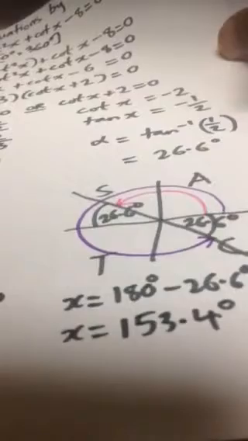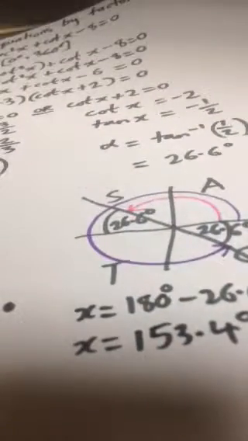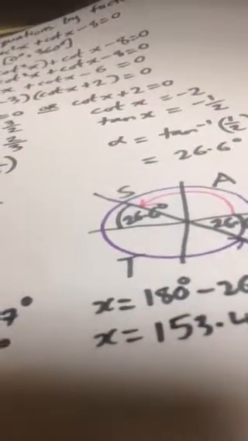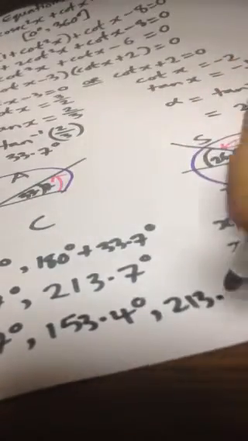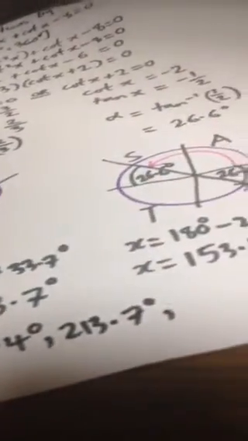So the full solution for 2 cosec squared x plus cot x minus 8 equals 0 is x equals 33.7 degrees, 153.4 degrees, 213.7 degrees, and 333.4 degrees.